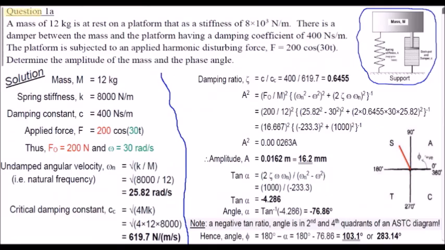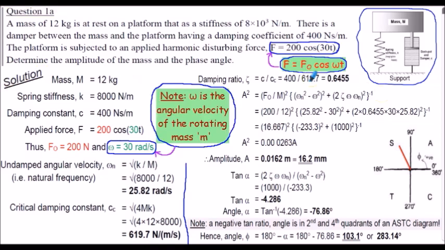Here's question 1A, solution. This is very similar to example 1A, so I'm going to let you review the solution at your own pace. It's essentially the same procedure, just with different numbers. Ensure you extract the information from the question carefully. Just again note that omega is obtained from the original disturbing force equation.